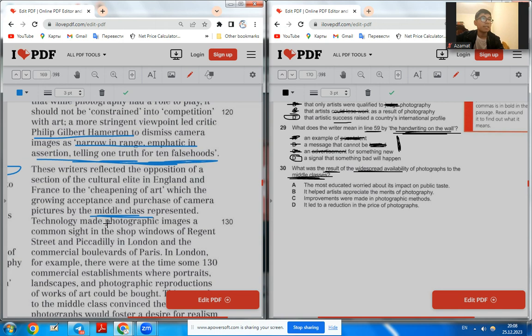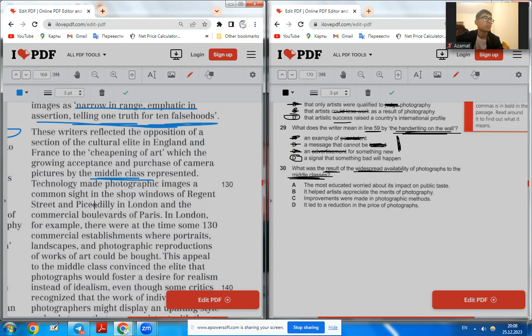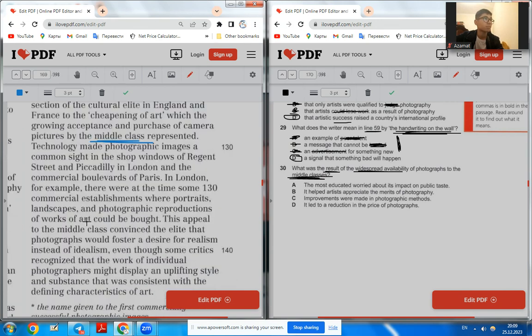Technology made photographic images a common sight in the shop windows of Regent Street and Piccadilly in London and the commercial boulevards of Paris. In London, for example, there were at the time some 130 commercial establishments where portraits, landscapes, and photographic reproductions of works of art could be bought.